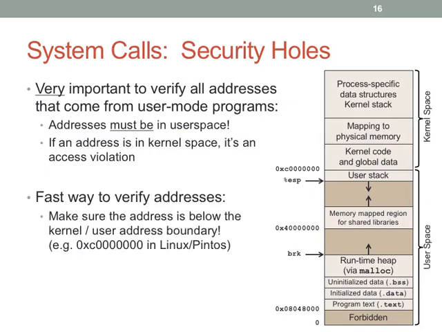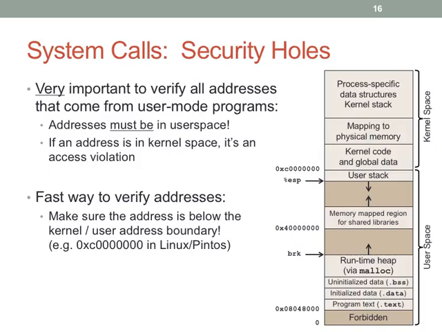User space layout is rather complex. So how would we verify that addresses are okay? Well, there's a really easy way. We just make sure that it's below that boundary. So we say, is the address less than C0000000? That is defined as a constant in Pintos. I can't remember the name of the constant, but there's some value defined in some file that says this is the boundary between user space and kernel space.